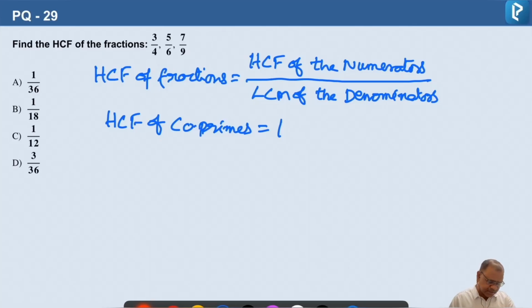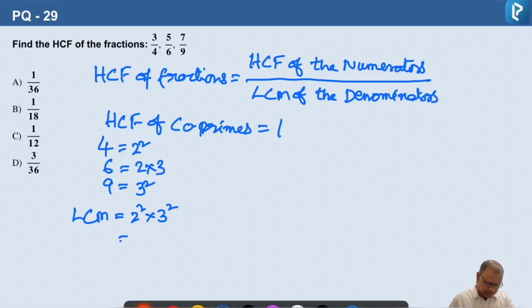So let us find the LCM for 4, 6 and 9. 4 is 2 square. 6 is 2 into 3. 9 is 3 square. So LCM is 2 square into 3 square, 4 into 9, 36.